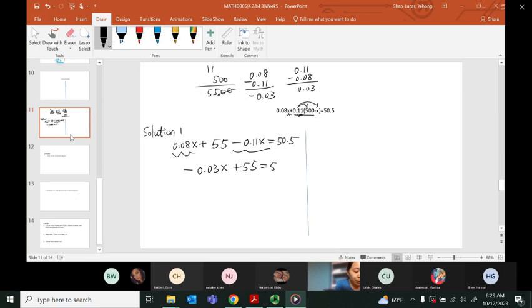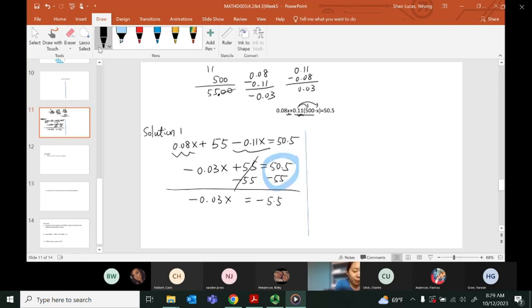Okay, and then we're going to move that 55 to the right-hand side. Again, this involves decimals. So maybe for questions like this, it's better to get rid of the decimals. I'll show you the other way. So that gives you negative 4.5, because I think some students might have trouble doing this.